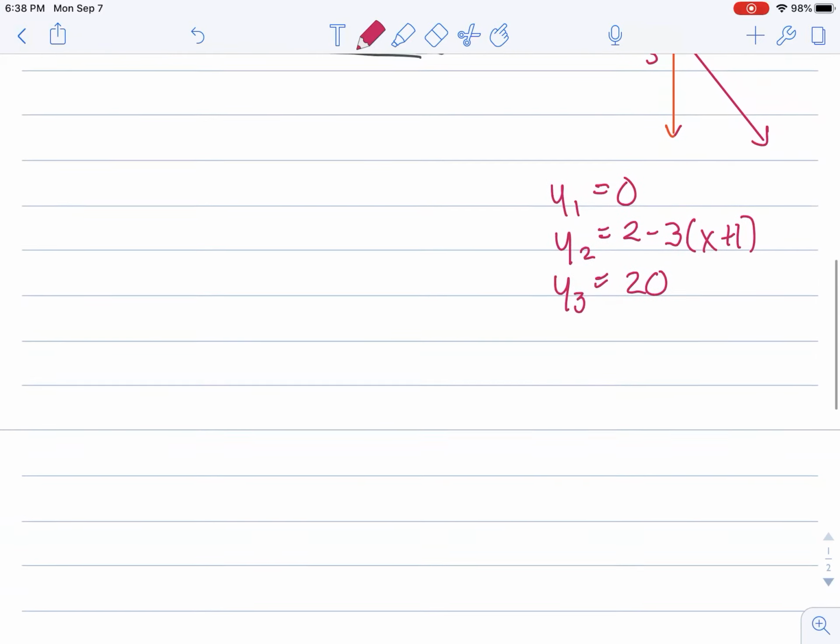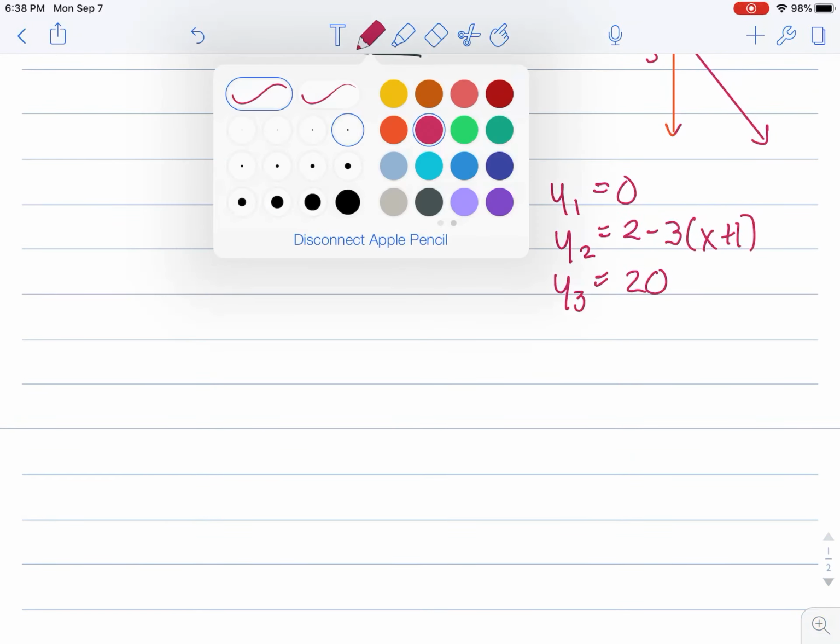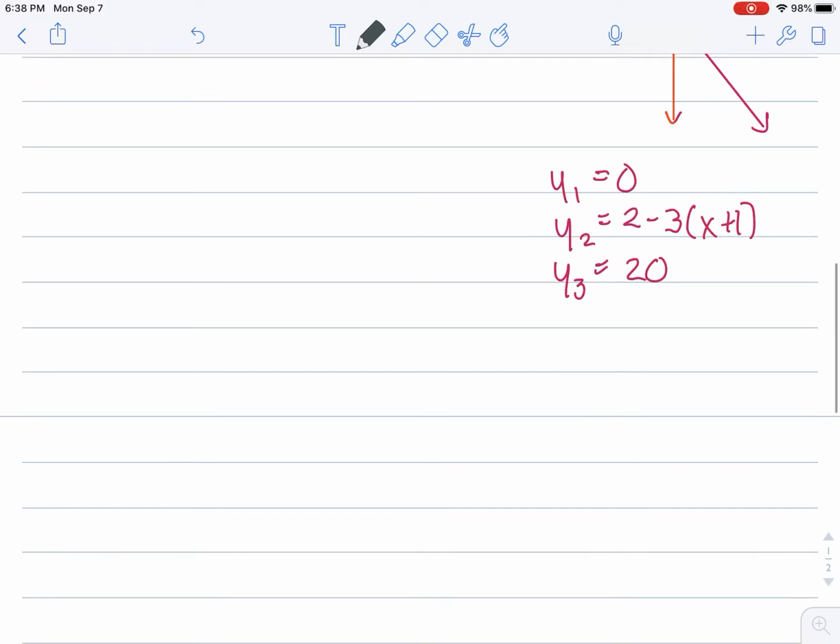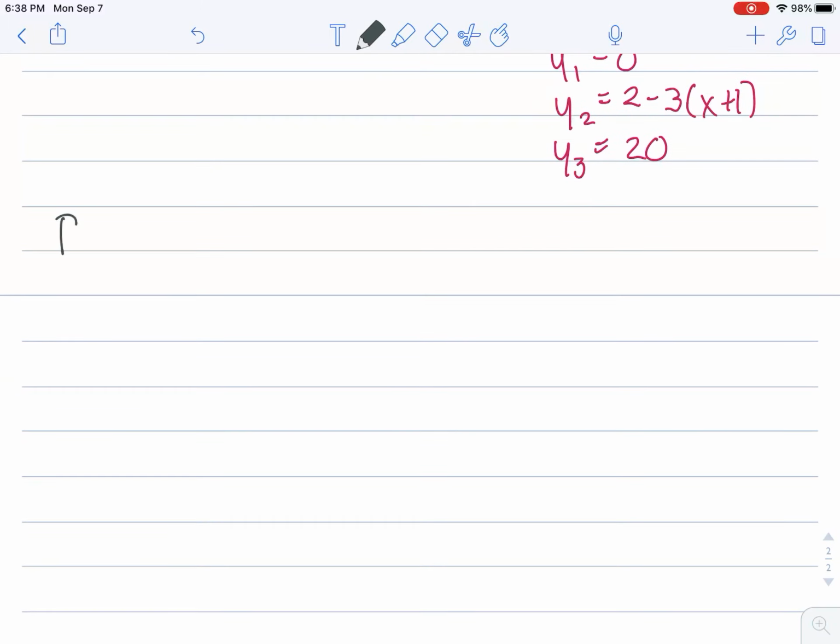Alrighty, so let's kind of break the notes apart by all the types of inequalities. So the first one we're going to talk about is the polynomial inequalities. And let's break it apart into our steps.